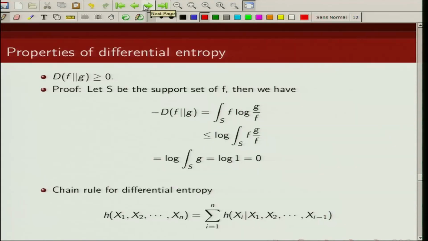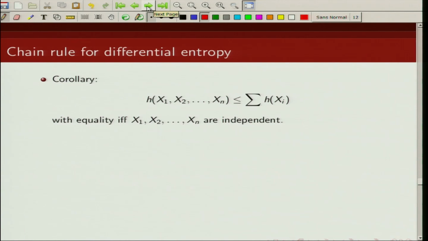Now similarly, we could define the chain rule also for continuous random variables. So differential entropy of x1, x2, x3, ..., xn can be written using the chain rule in this particular fashion. And since we know conditioning cannot increase entropy, again this can be very easily proved. We have just now shown divergence is greater than or equal to 0, and we know mutual information is the divergence between the joint densities and the marginals.